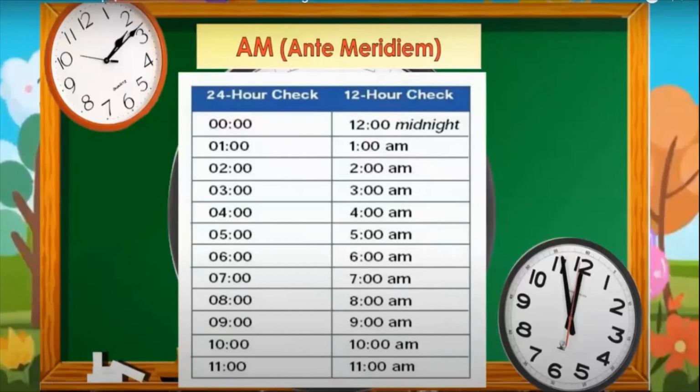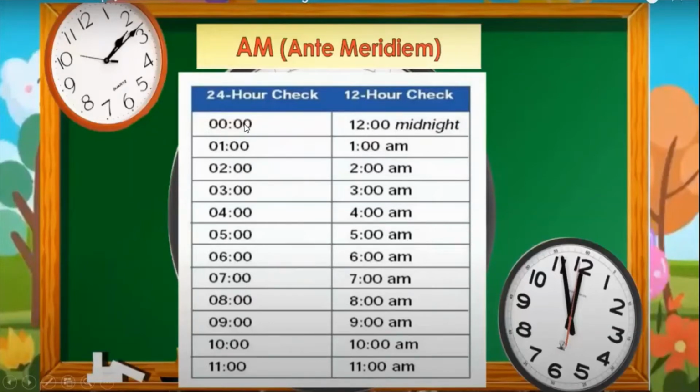Now I have here a table showing the AM or the ante meridiem. We have here the 24-hour clock and the 12-hour clock. For the 24-hour clock, it starts from 0000 hour, but in the 12-hour clock, it starts at 12 midnight.